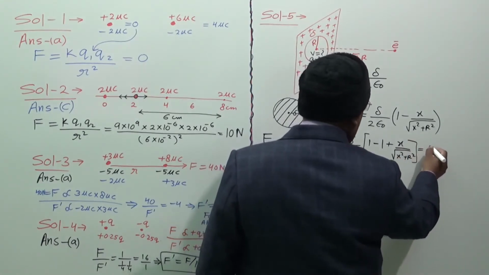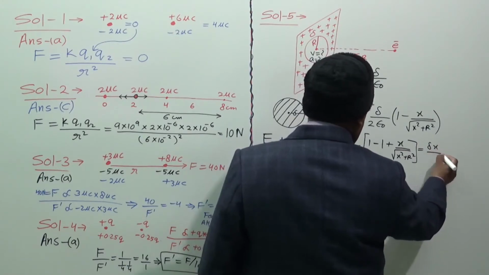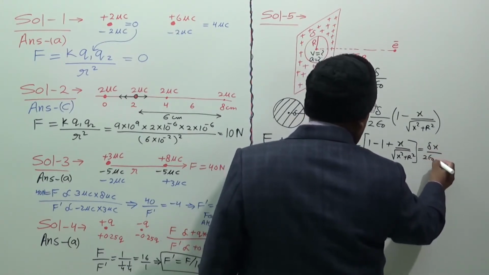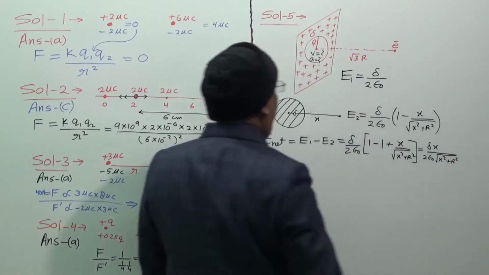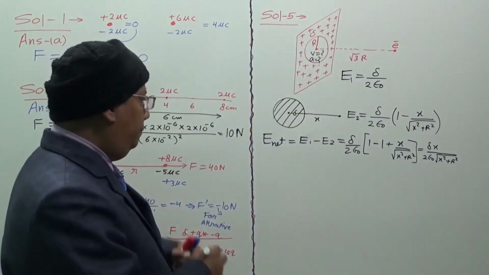So it will become small sigma x by 2 epsilon naught under root x square plus r square. Okay.